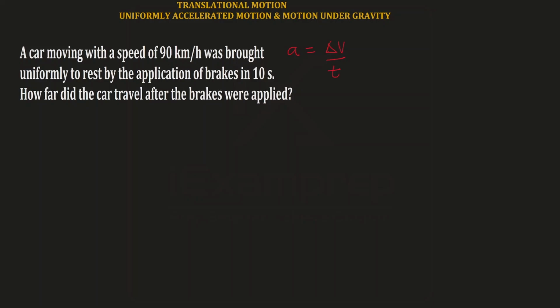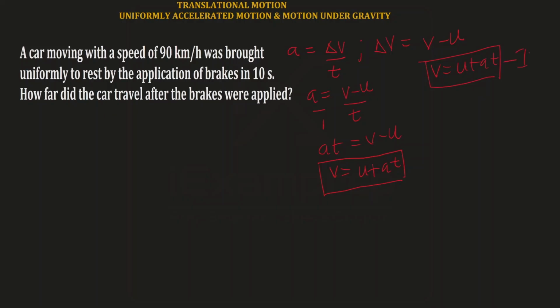Since change in velocity means V minus U, that is final velocity minus initial velocity, acceleration is equal to (V minus U) over T. If you cross multiply, this gives us AT equals V minus U. To make V the subject of the formula, we have V equals U plus AT. That's the derivation of that equation, and I will keep it as my equation 1.